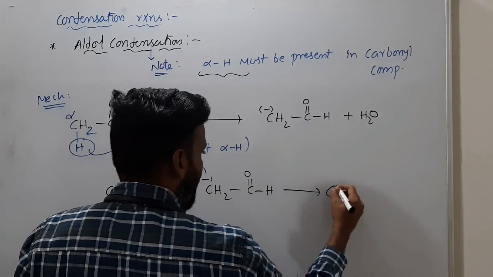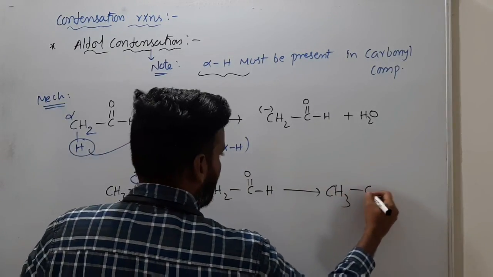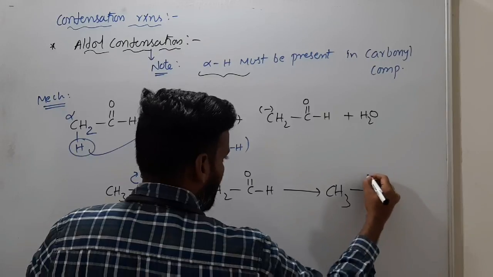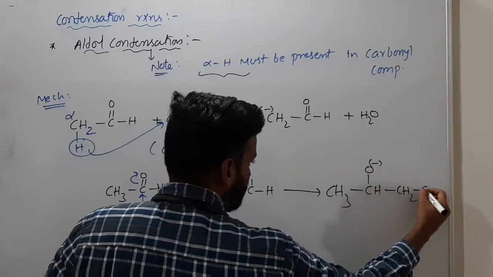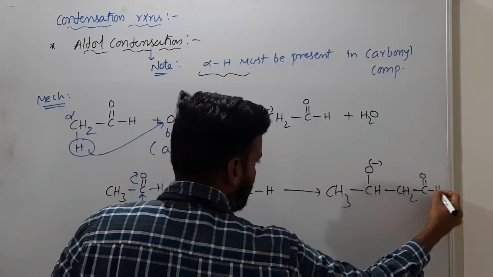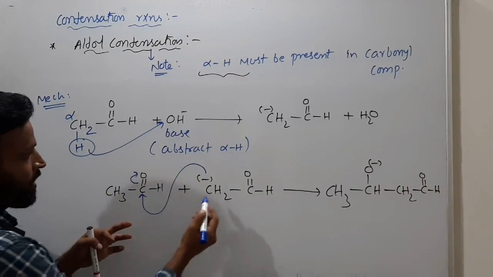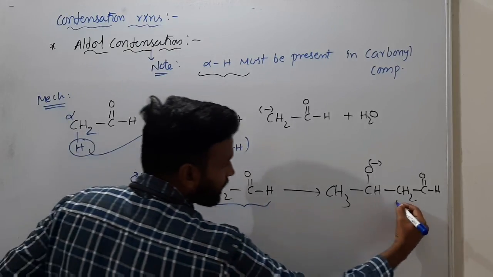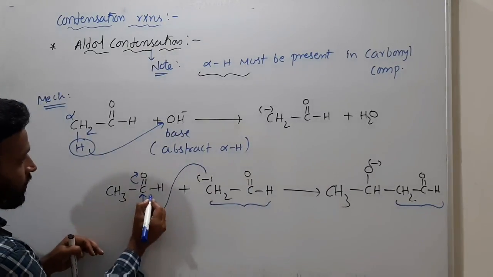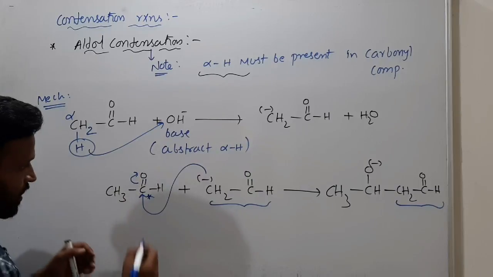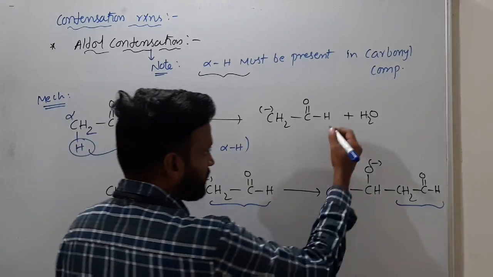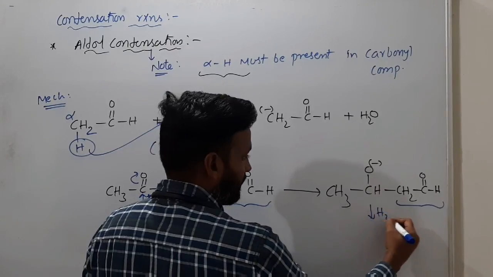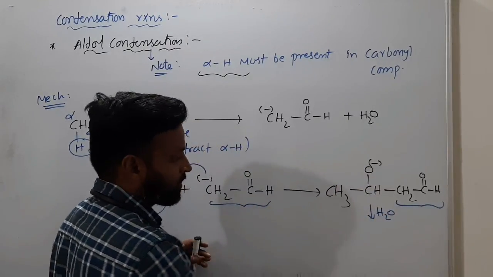So now CH3, CH, this will be O minus, and here CH2 C double bond O H. This part I have written here, added on this star carbon. Why did this carbon become positive? The pi bond migrated. Now the water removal happens: this water donates a proton to this.